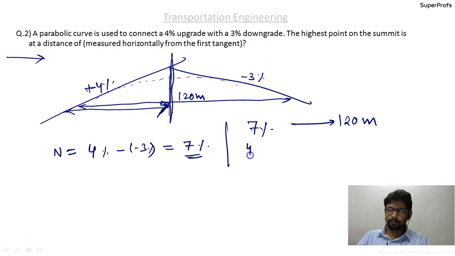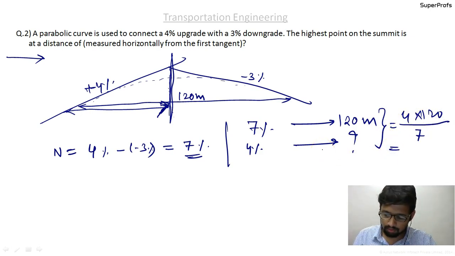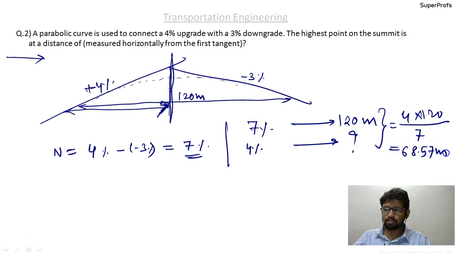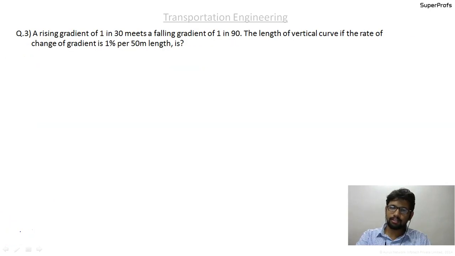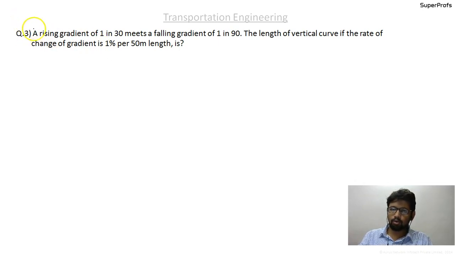So for 4%, what is the distance? Please calculate 4 into 120 upon 7, which is equal to 68.57 meters. Please check the calculations. So up to the highest point, the summit point, the distance is 68.57 meters.